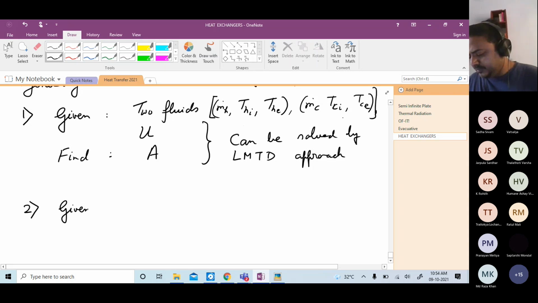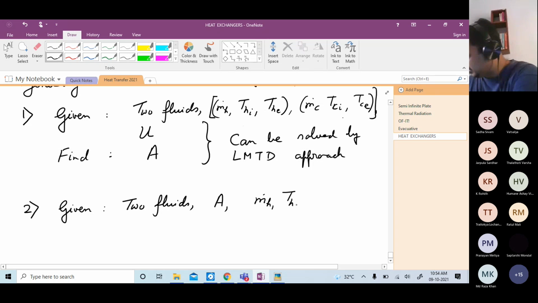Here, what you are given is what those two fluids are. So basically Cp, properties of the two fluids. Okay, you are given area and you are given m dot h, THI, m dot c, TCI.